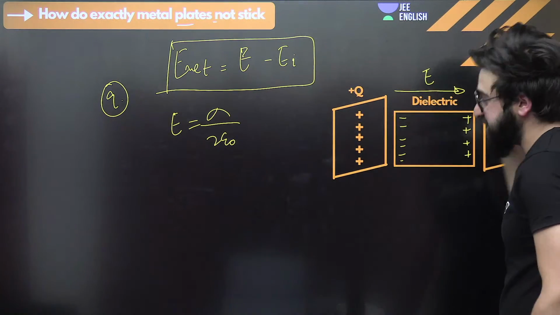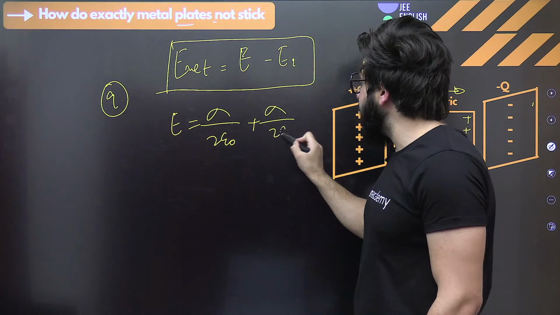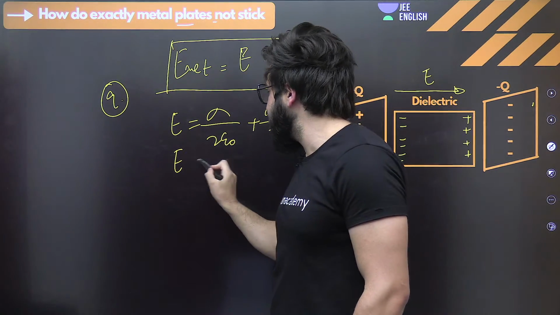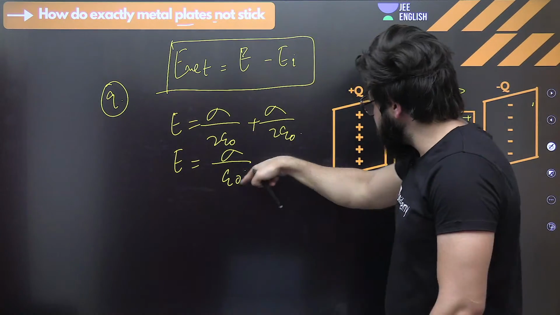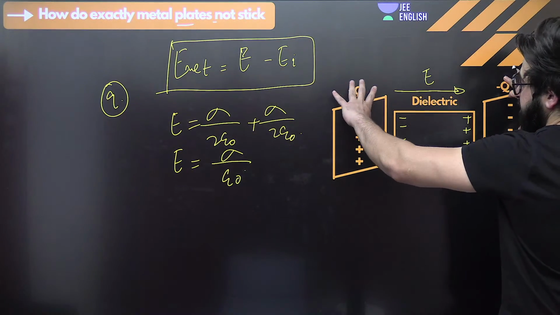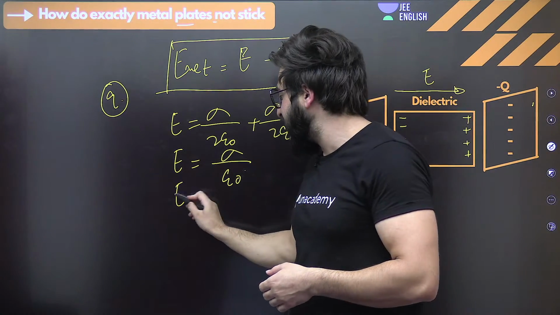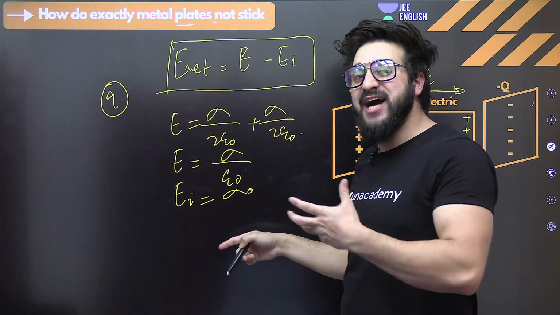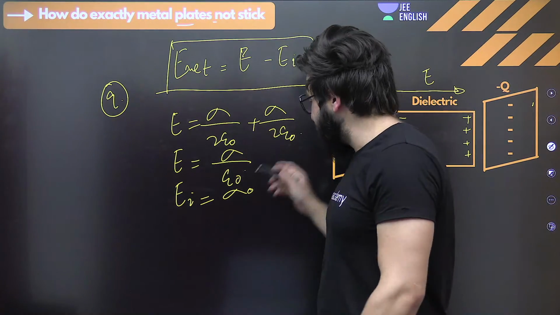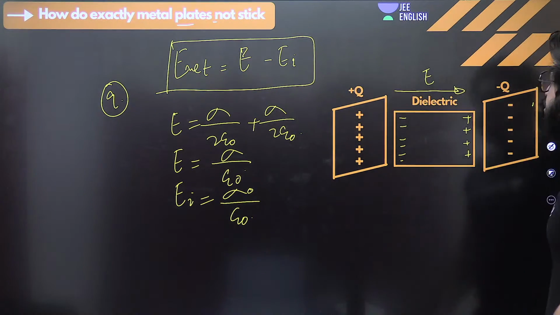Because of this other sheet of charge, it will also be sigma by 2 epsilon naught. So can I say this electric field will be nothing but sigma by epsilon naught exactly, between these two plates. Now the electric field induced, can I just write it like that? It is nothing but sigma naught, where this is the internal charge density, whatever is inside that dielectric, upon this epsilon naught. Okay? Let's move.